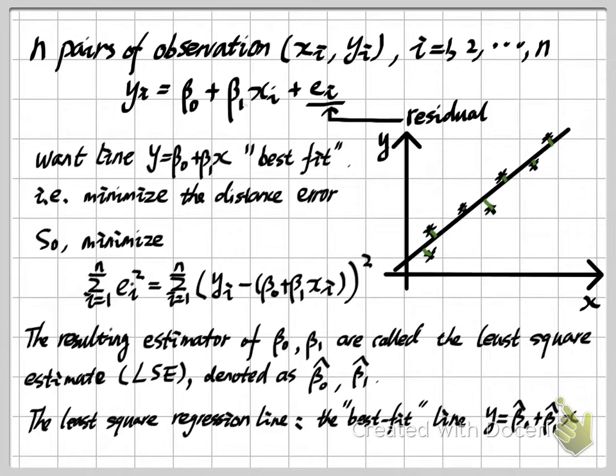So this is the idea of how we can decide our beta 0 and beta 1 to construct an empirical model from our observations of data. And then, how can we find beta 0 and beta 1? The idea is how we can minimize the sum of squares of our residuals.